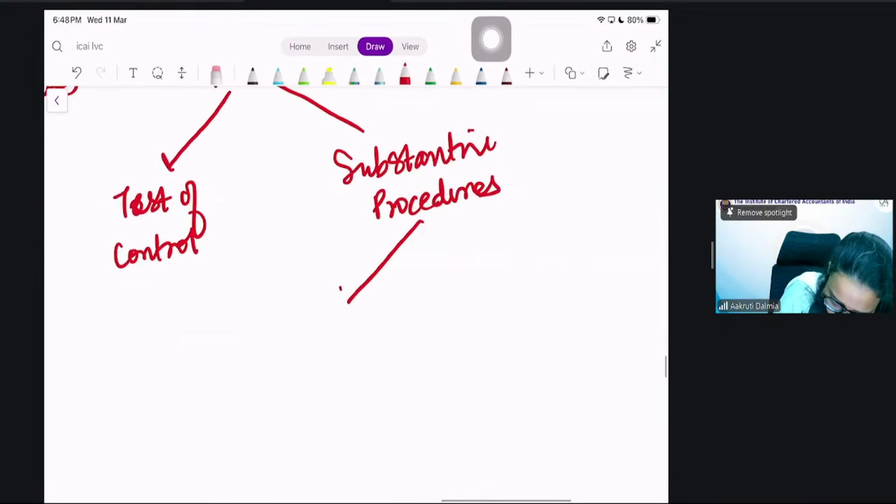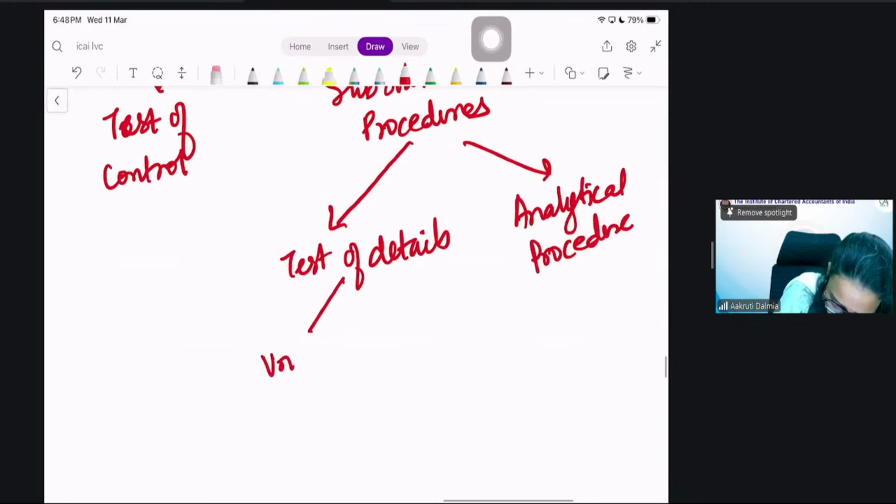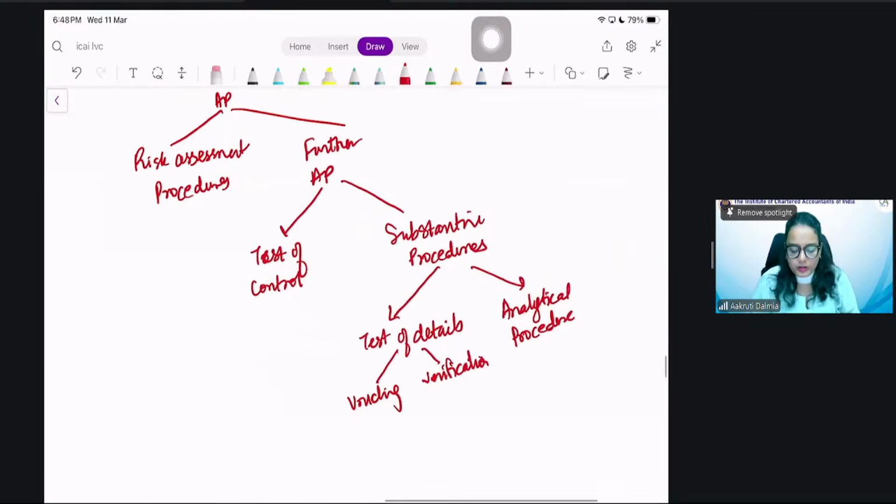In substantive procedures, you do test of details, and then you do analytical procedures. In test of details, you do vouching and verification. How many of you remember this basic? I told you that you should always remember this. This is your basic audit. I told you in chapter 1, chapter 2, chapter 3, at least 3 times.